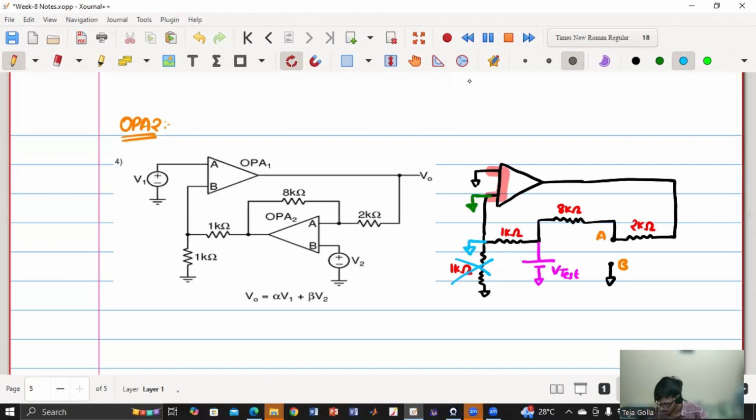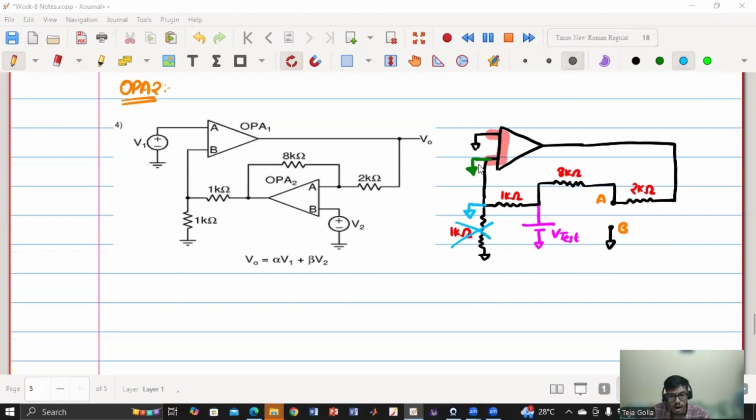Yes, sir. So now you tell me how should I proceed with this question? This is my VA and this is my 8K and this is my 1K, and this is connected to the ground. Any idea how to solve?